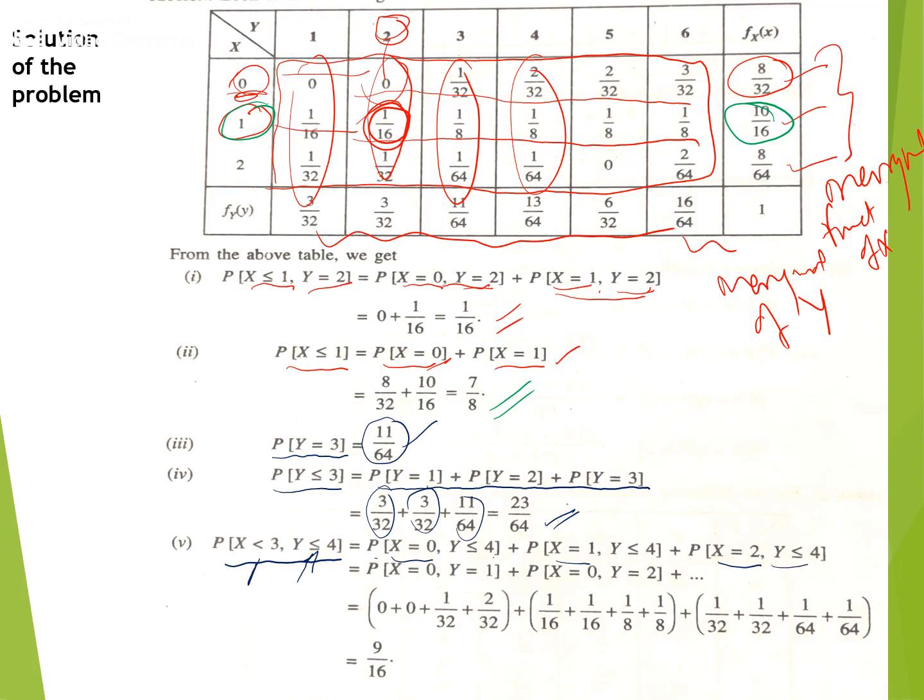So for x equal to 0, y takes 4 values: x is 0, y is 1; x is 0, y is 2; similarly x is 0, y is 3, and so on. Similarly, for the second one, the joint probability when x equal to 1, y is 0, x equal to 1, y is 2, and so on. If we add all these probabilities, we get 9 by 16.